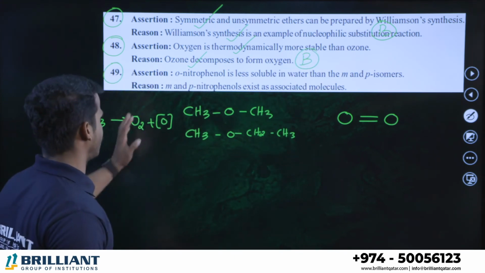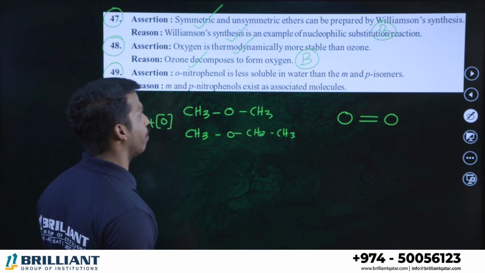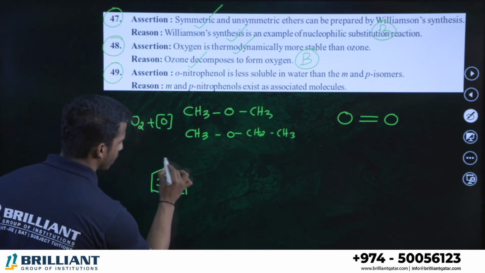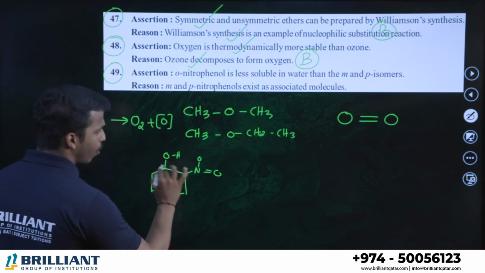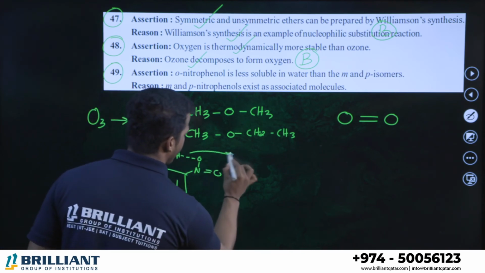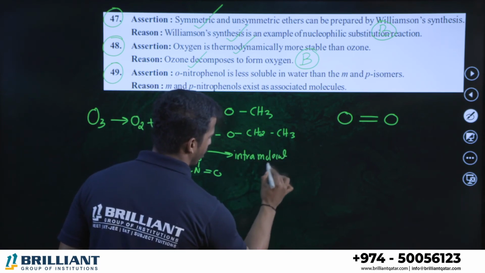49. Assertion: orthonitrophenol is less soluble in water than meta and para isomers. Dear all of you know, this is called orthonitrophenol. In orthonitrophenol, as you may have studied, hydrogen and oxygen can make intramolecular hydrogen bonding.